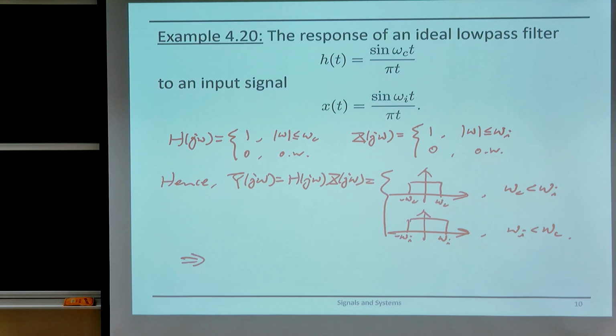So therefore, y(t) is equal to sine(omega c t) over pi t if omega c is less than omega i, and sine(omega i t) over pi t if omega i is less than omega c.